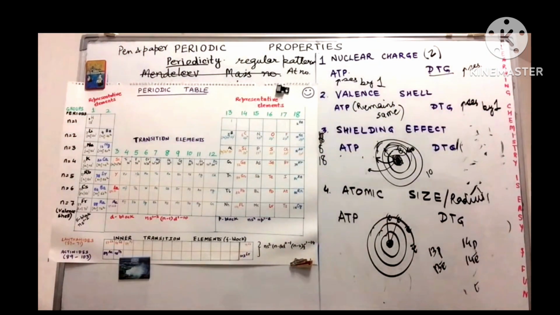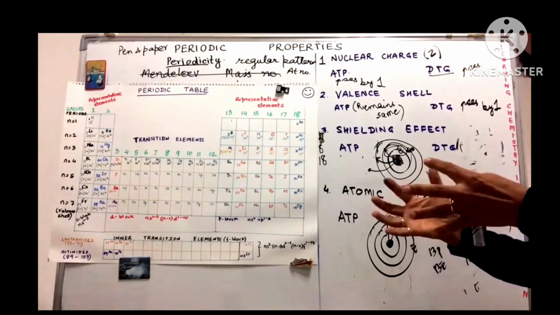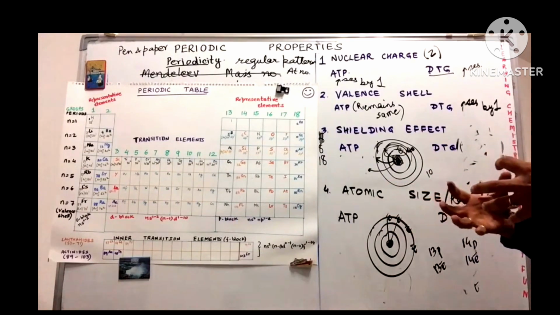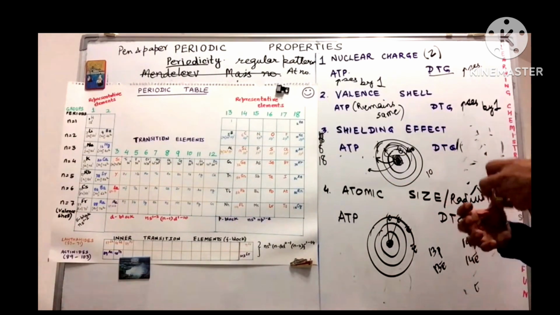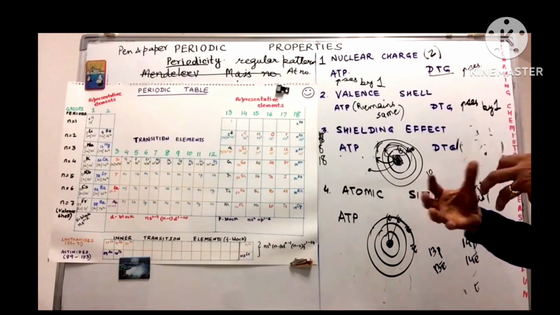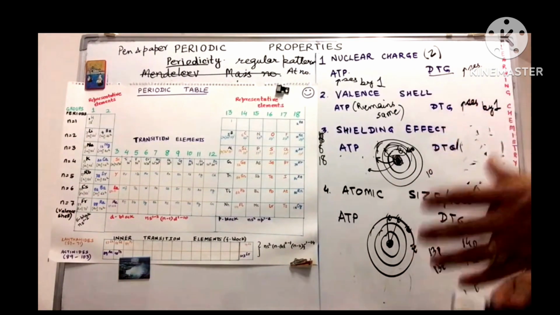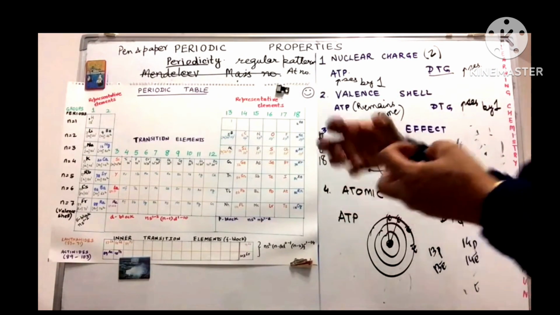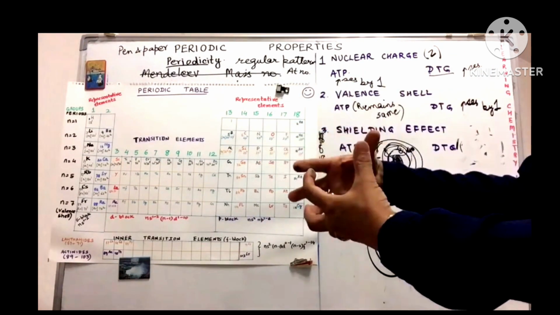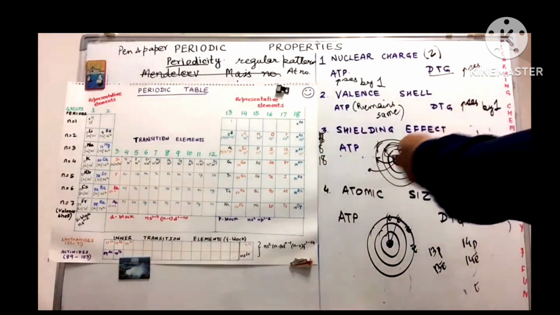So what happens? They are not letting them move away. So what is the force of attraction? It is increasing. So what will happen to the size of the atom? Now there are these protons which are pulling the electrons. If the electrons are increasing, the protons are also increasing in number, and there's this tug of war.